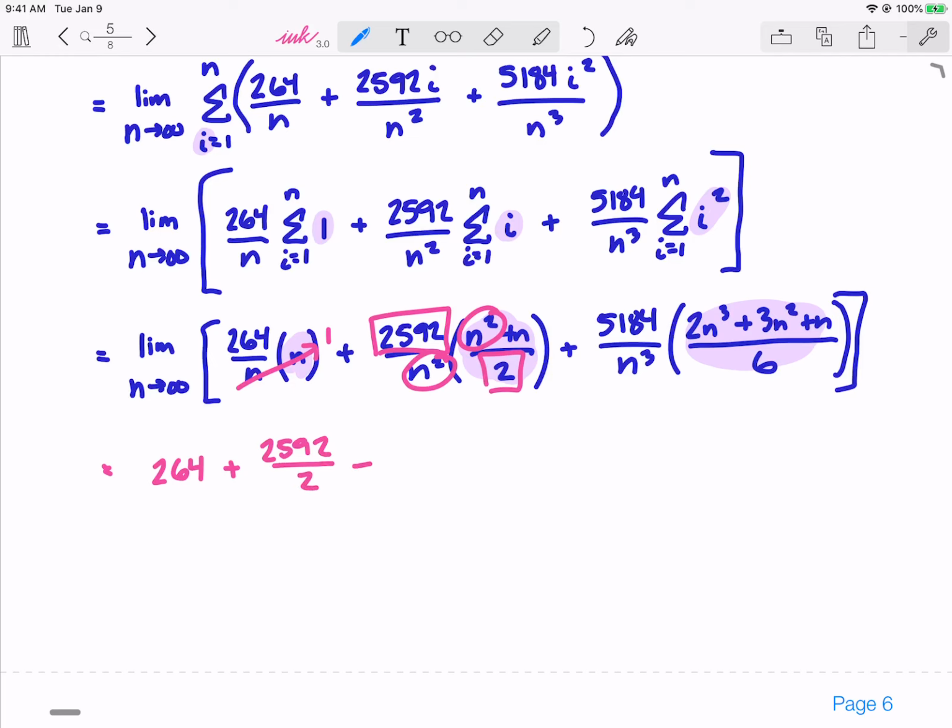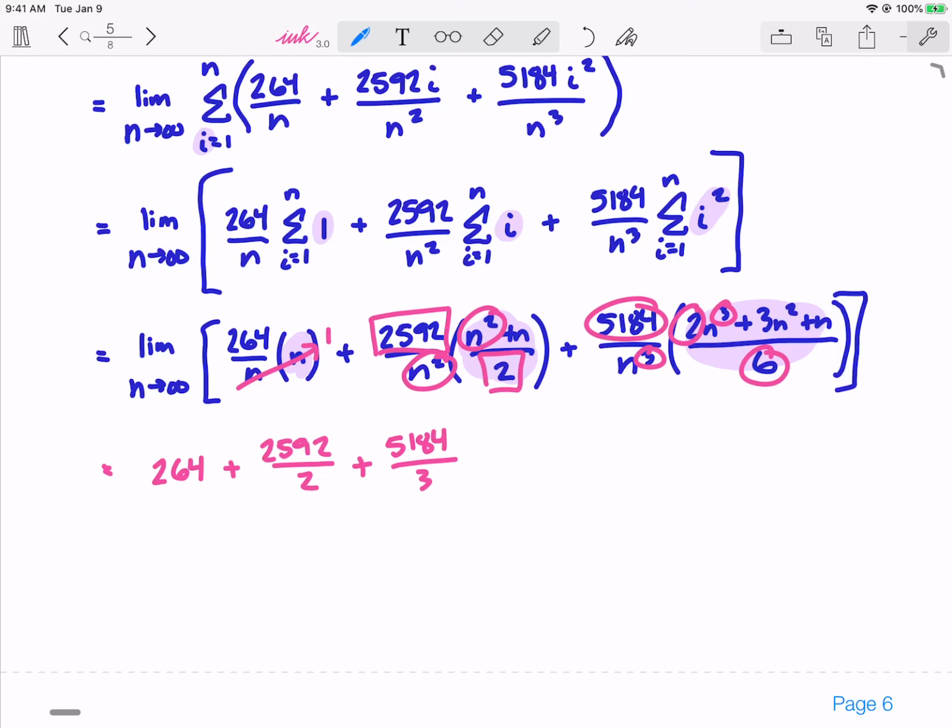Gives you that. Plus, now the next one, I notice that I have an n cubed on top and an n cubed on bottom, so I'm going to go to the coefficient of those two. Well, I got the 2 and the 6 and the 5,184. So 5,184 times 2/6, which is really just 5,184 over 3. Now, I invite you to type these three things in your calculator, and I'm going to take my time as you do it.